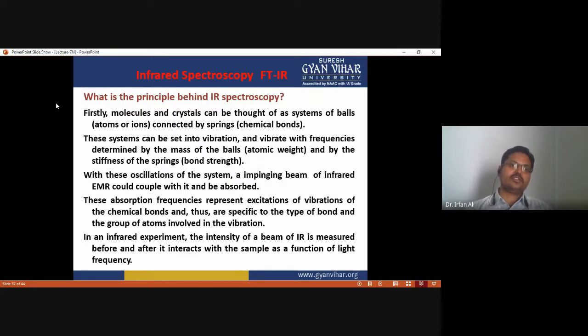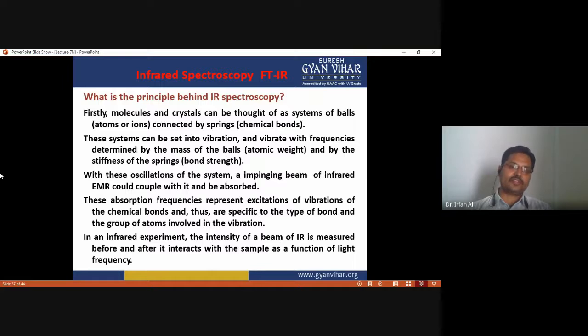The oscillation of the sample couples with the beam of infrared and is absorbed, and we obtain peaks in a spectrum. By analysis of this spectrum, we determine the types of functional groups attached to the nanoparticles.